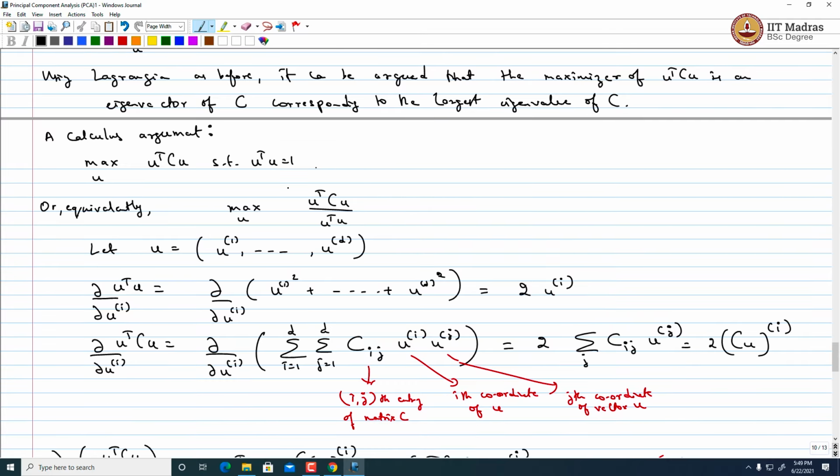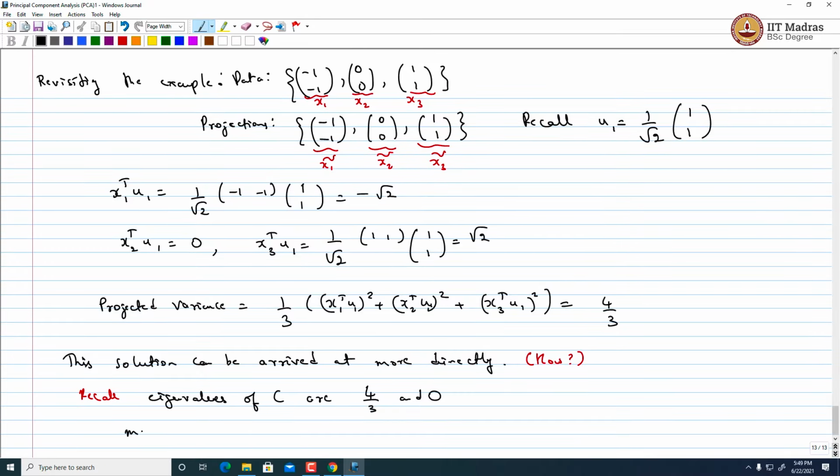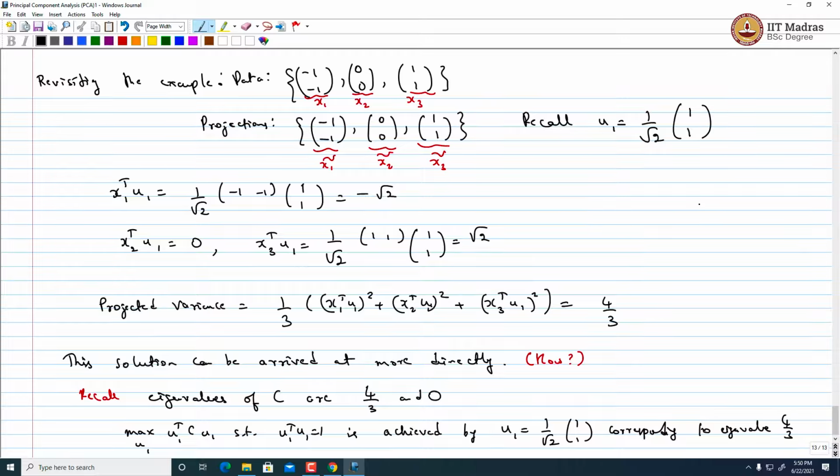So the max over u1 of u1 transpose Cu1 such that u1 transpose u1 equals 1 is achieved by u1 equal to the eigenvector corresponding to eigenvalue 4 by 3.